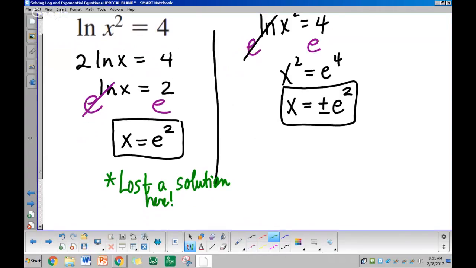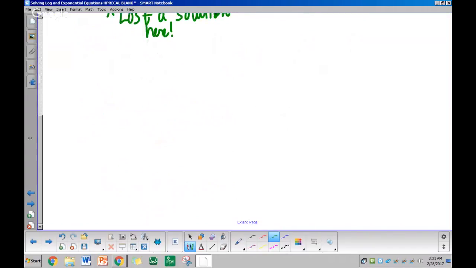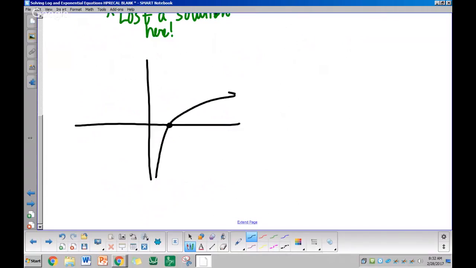Because if we were to graph the natural log of x squared, what would it look like? You guys have the calculators, let's see.